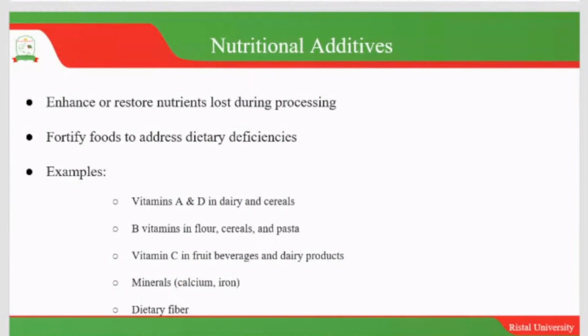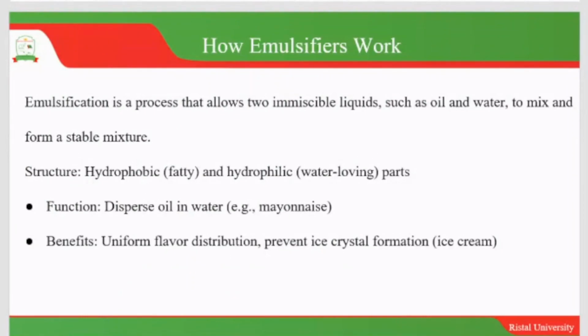We are looking at the hydrophobic, which is the fatty part, and the hydrophilic, which is the water loving part. Each gets attached to its end. For example, the hydrophobic will get attached to the fat, the hydrophilic gets attached to the water, and they will hold those molecules together.